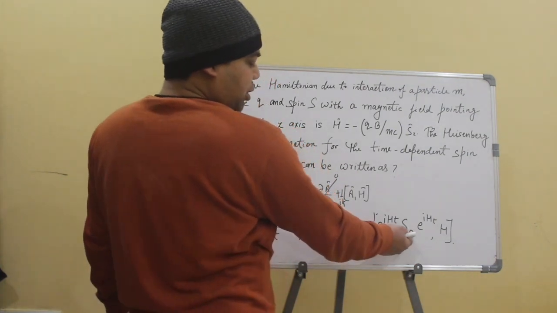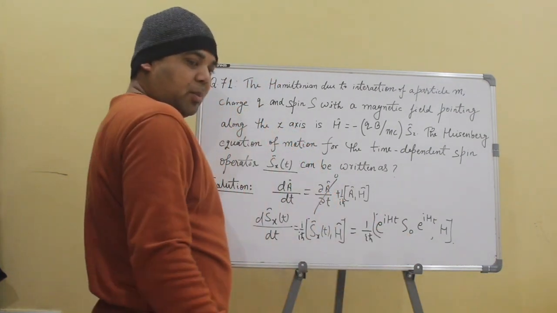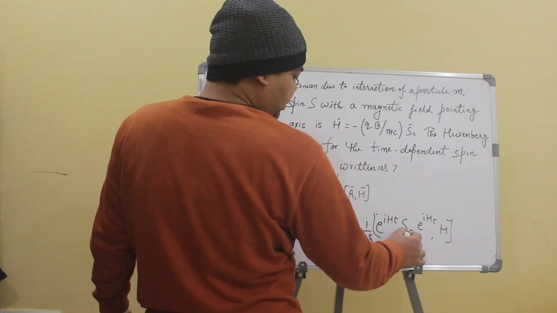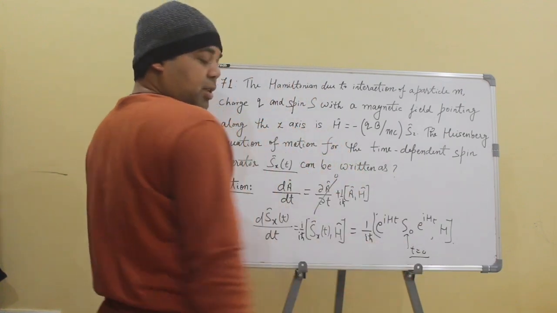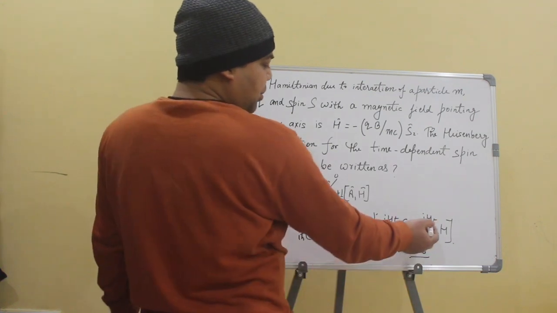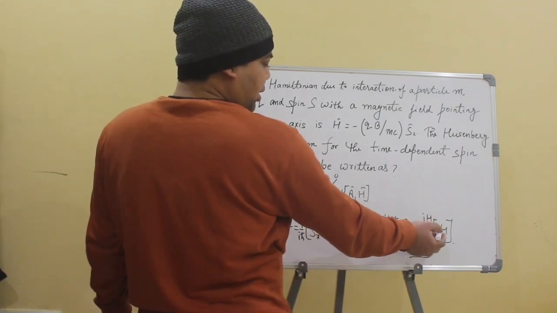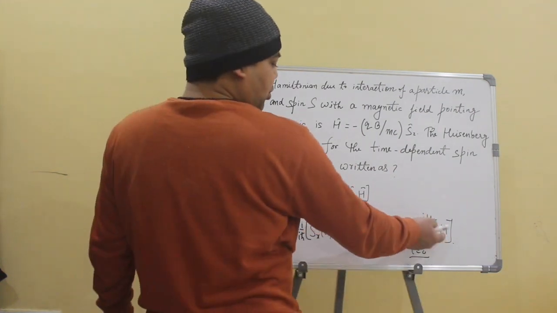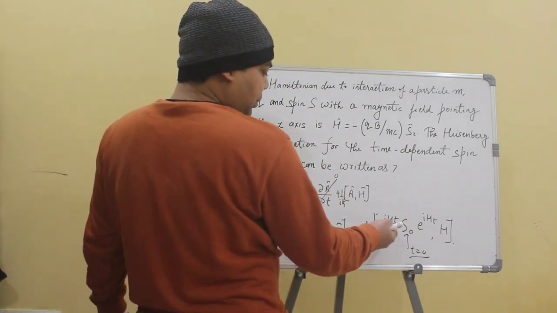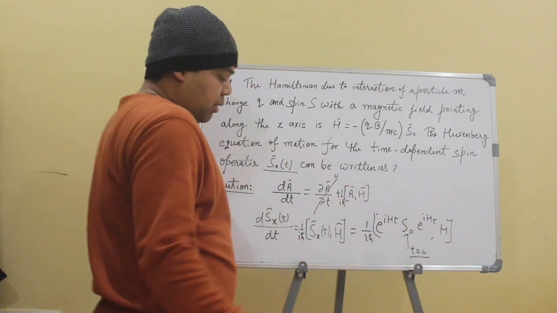So this S naught is nothing but the operator at time t equals to 0, and this is how it evolves. But remember that these evolution terms simply commute with H, as they are functions of the same operator, so they can simply be taken out.